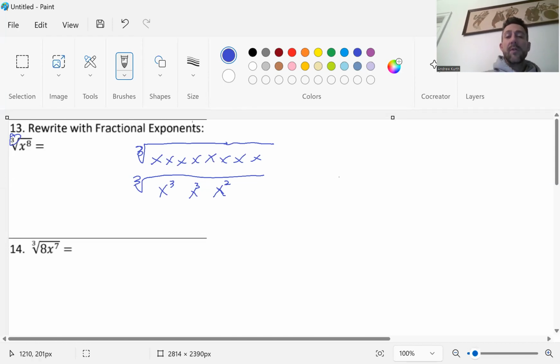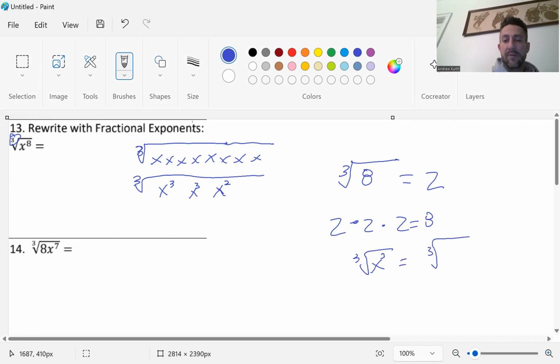So thinking about the cube root, an example is the cube root of 8 equals 2, because 2 times 2 times 2 equals 8. And the cube root of x to the 3rd equals the cube root of x times x times x, which equals just x on the outside of the radical.